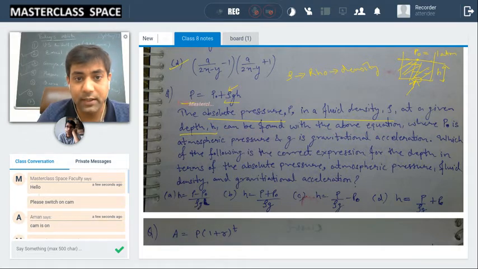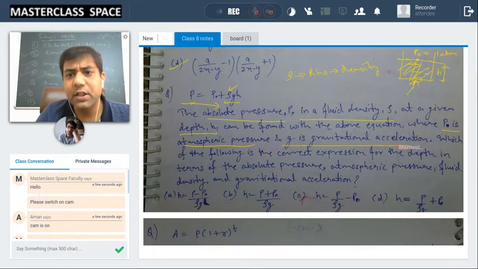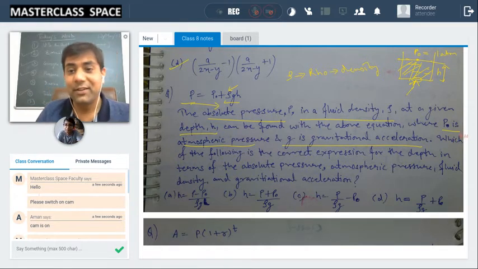They are talking about the absolute pressure, where P naught is the atmospheric pressure. G is acceleration due to gravity. What is the value of G? G, acceleration due to gravity, is 9.8.